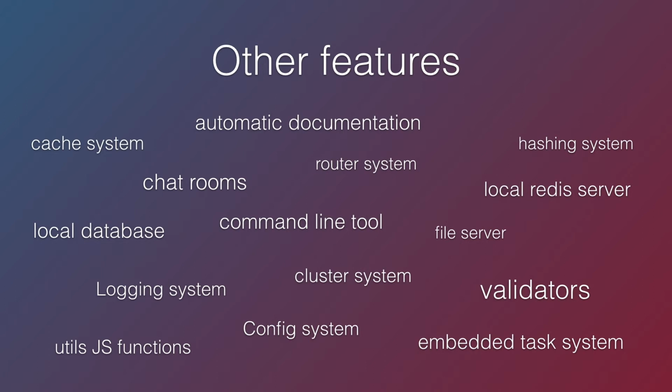We also have a powerful login system, a powerful cluster system out of the box without additional configuration, a validator system, an embedded task system, and some other cool things to make our life easier.